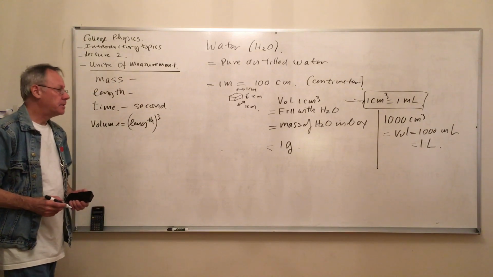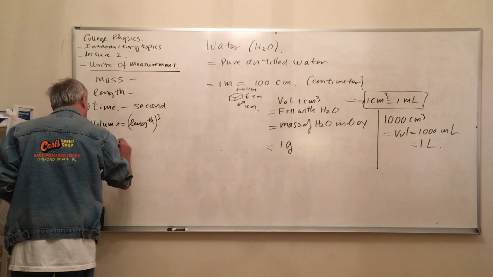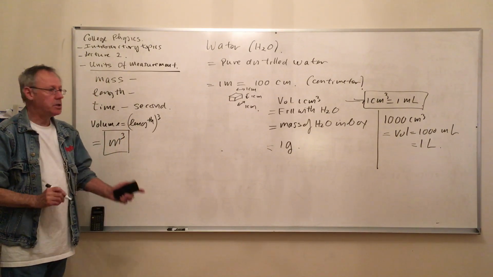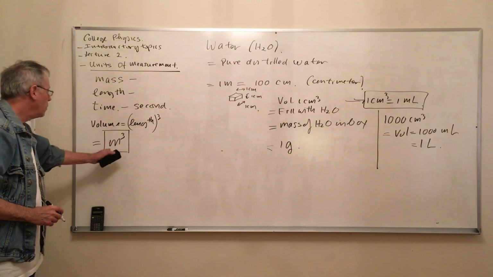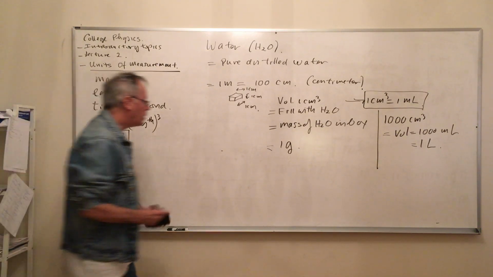Physicists don't use liters. Physicists use volume units like cubic meters. In this course, if we need volume, we'll talk about cubic meters. So, let's look at the gram.